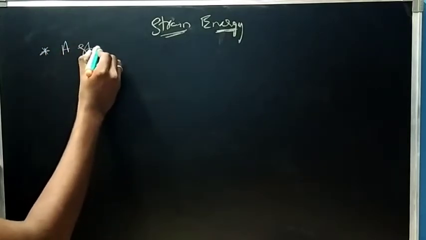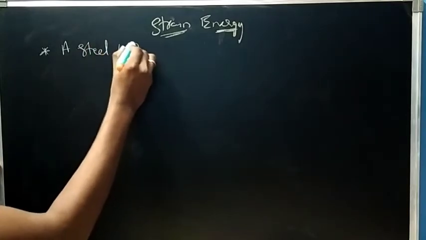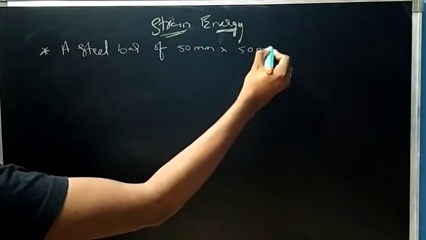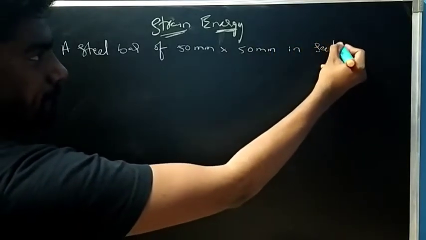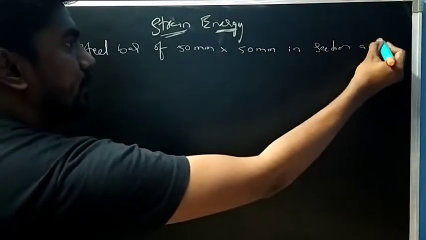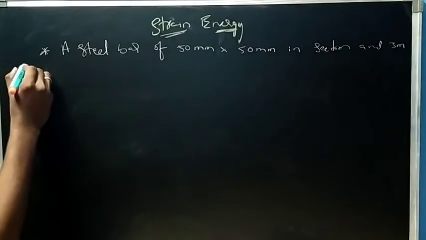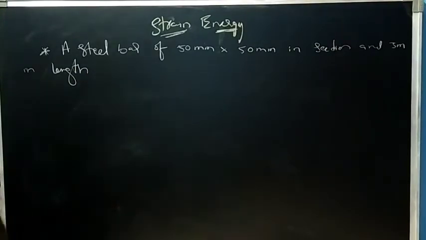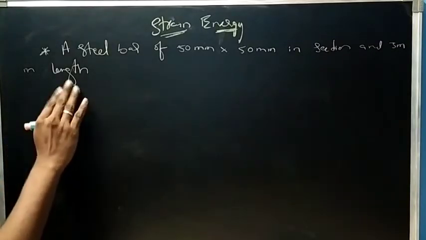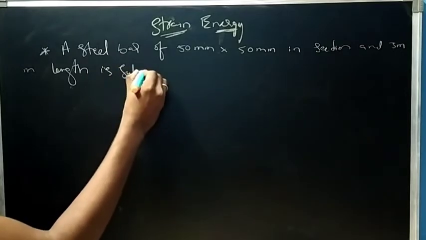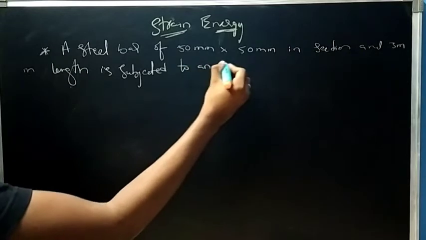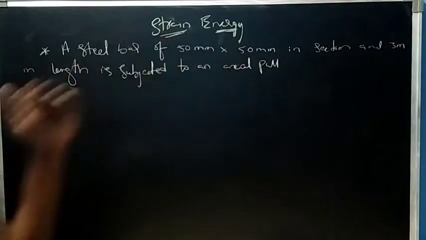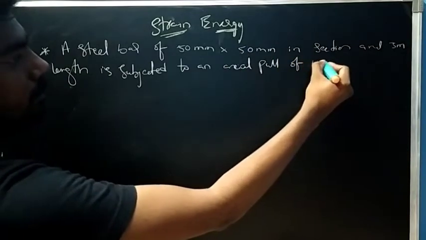A steel bar of 50 mm into 50 mm in section and 3 meters in length is subjected to an axial pull, that means a tensile load is applied on the bar, of 150 kilonewton.